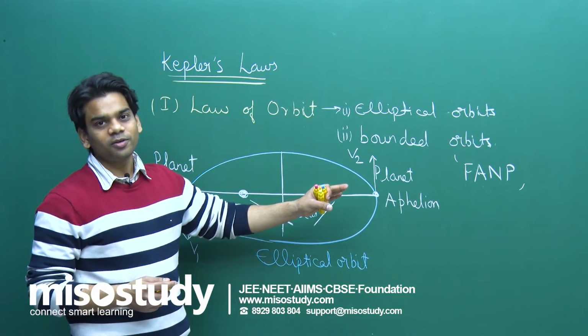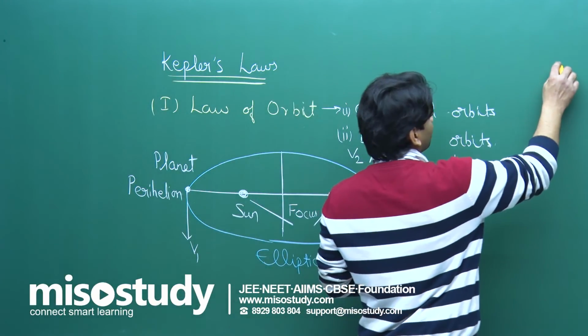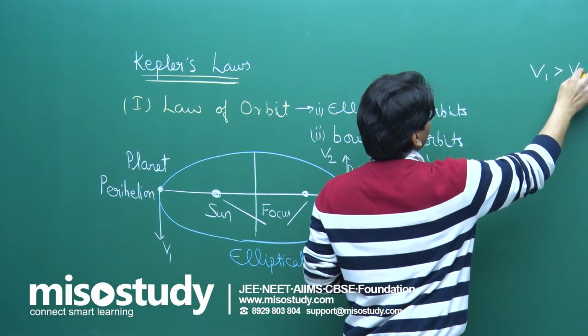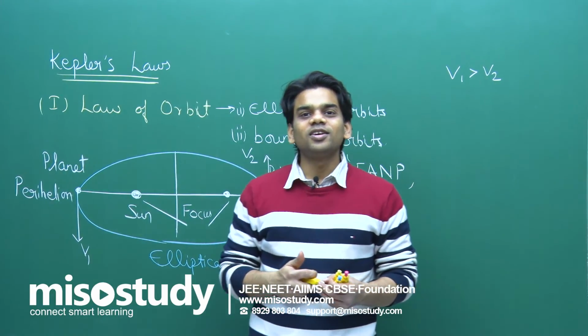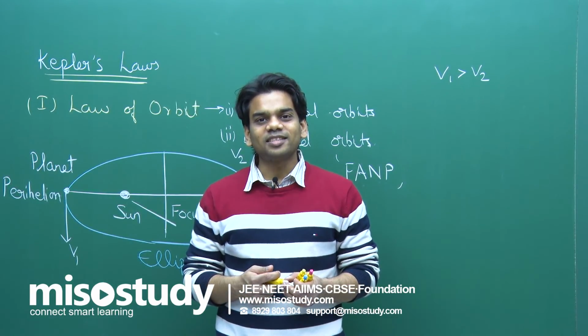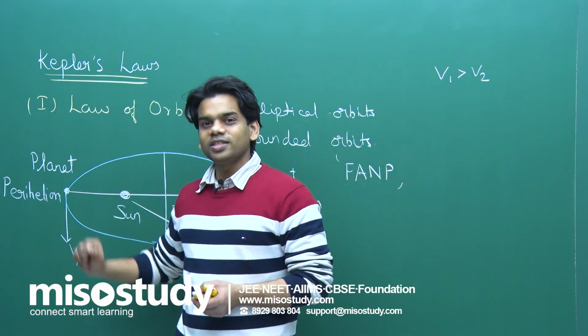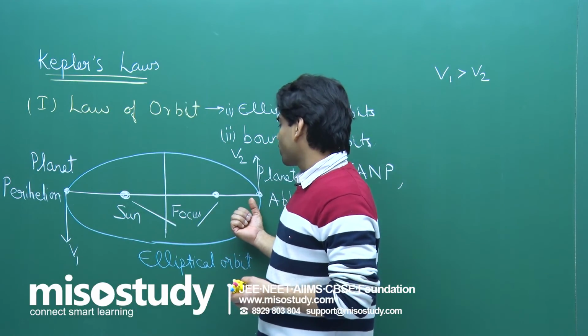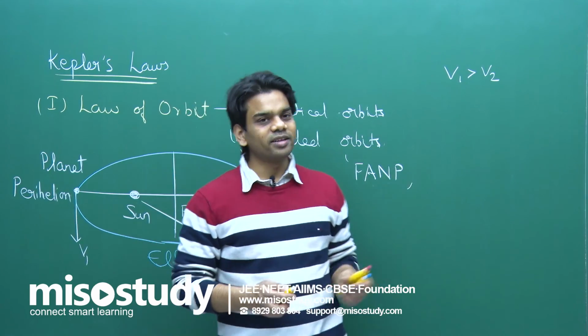When it is further away, its speed will be lower. So I am writing here v1 will be greater than v2. We have seen this relation when we conserve the angular momentum: the speed is more when it is nearer to the sun and lesser when it goes further away.